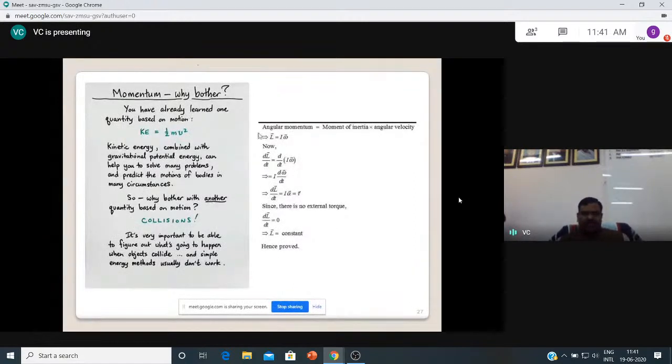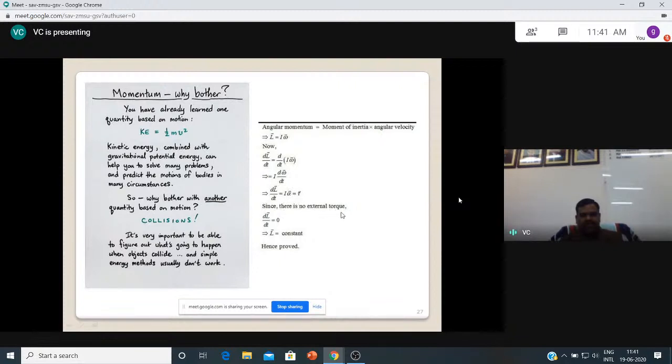So now, what is the angular momentum in a rotating part, and how is momentum conserved? Angular momentum L is equal to I omega, I into omega, the angular velocity. If you differentiate, dL by dt is d by dt of I omega, I into d omega by dt. d omega by dt is alpha, so dL by dt is I alpha.